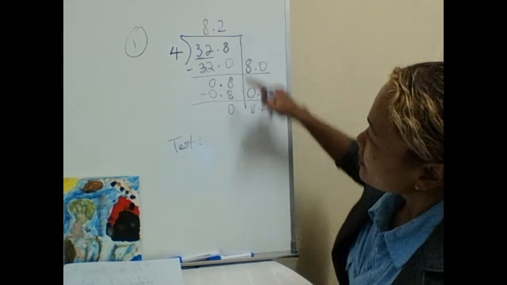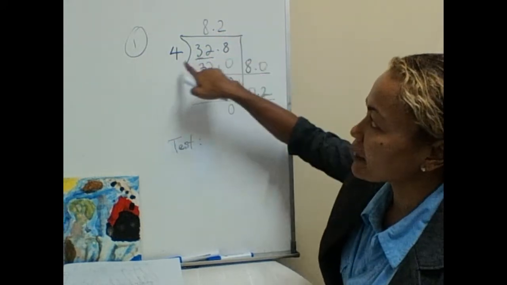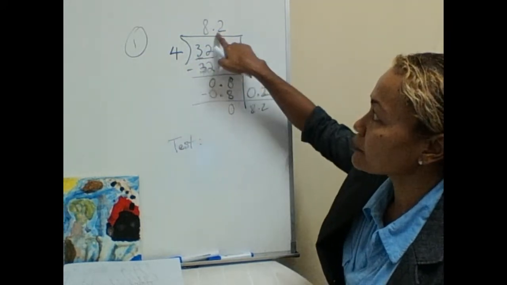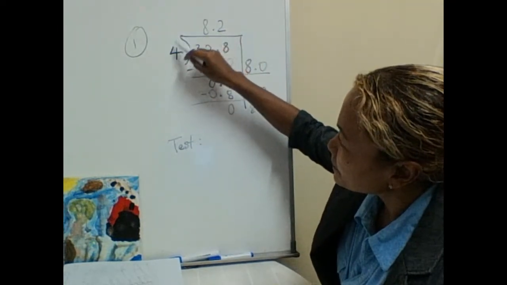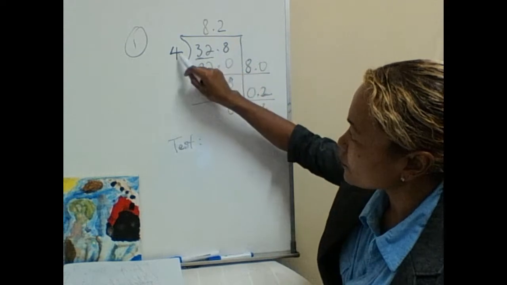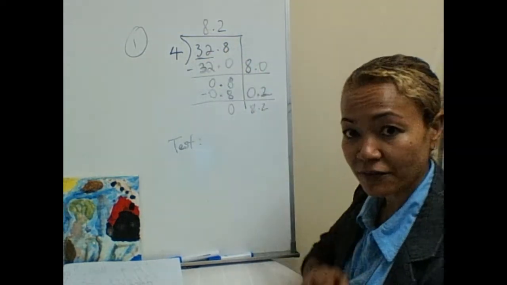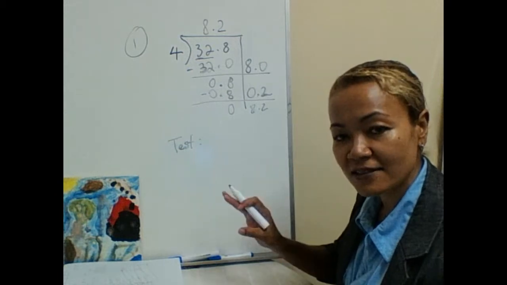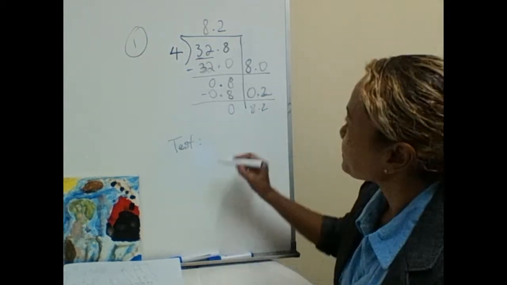Okay, test it. If 32.8 divided by 4 is equal to 8.2, then if you multiply these two, you should get this answer. So 4 times 8.2 should give you this answer. Let's see if it works. Because if that's the answer you get, then 8.2 really is the correct answer.